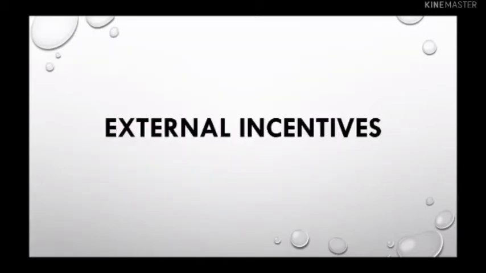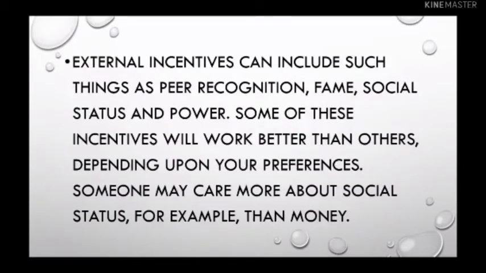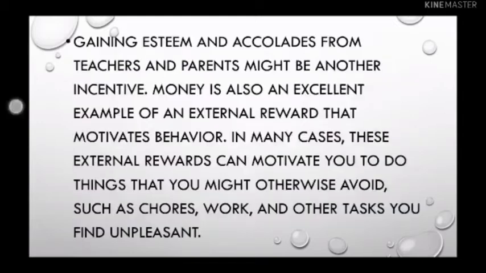External incentives. External incentives can include such things as peer recognition, fame, social status, and power. Some of these incentives will work better than others, depending upon your preferences. Someone may care more about social status, for example, than money.